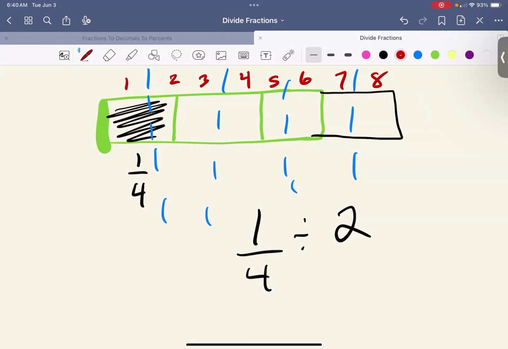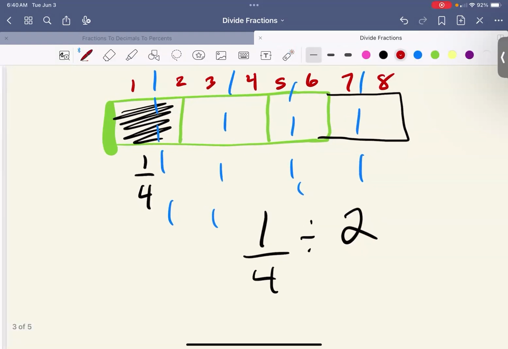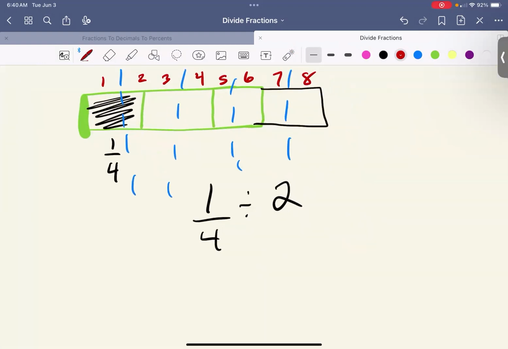So what we do when we divide a fraction by a whole number, we take the reciprocal of the whole number. So the reciprocal of 2 is 1/2. So it becomes 1/4, and we change the divide sign to multiplication.